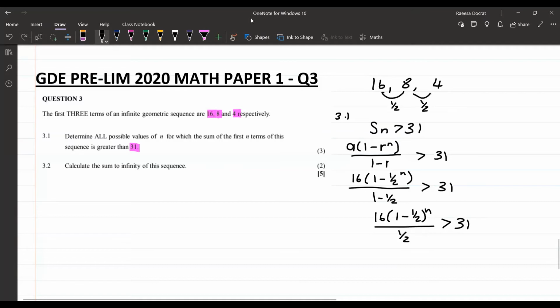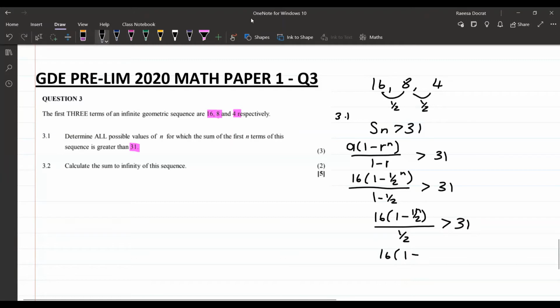which is greater than 31. Okay, so then we want to get the half to the power of n by itself. So we're going to multiply both sides by half to get rid of the denominator.